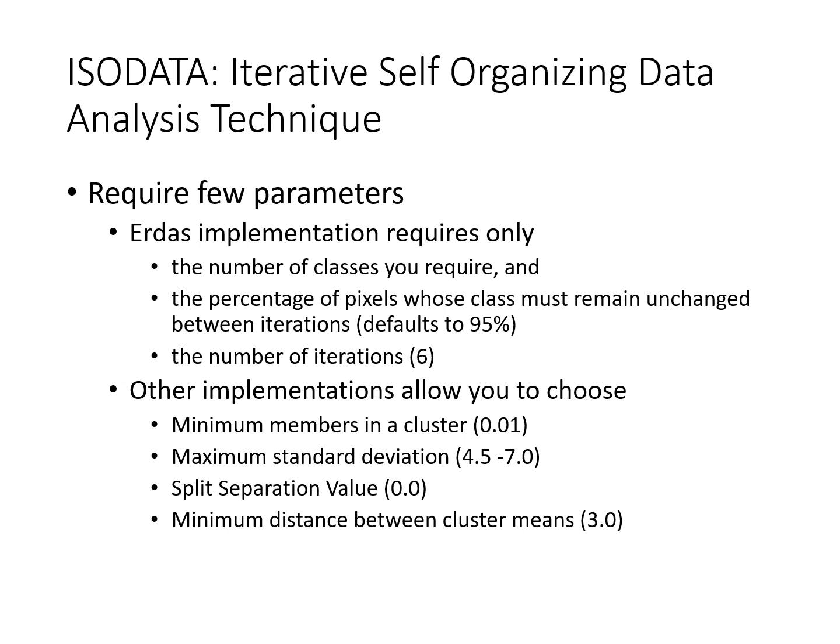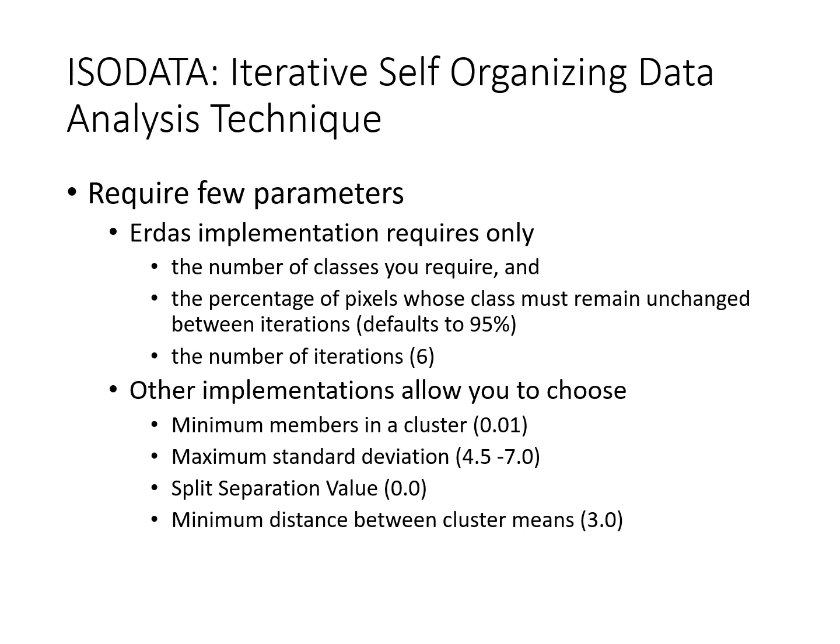So this is, as it says, an iterative technique. It's going to look at the data multiple times, and each subsequent look is going to change the assignment of pixels to clusters or classes.